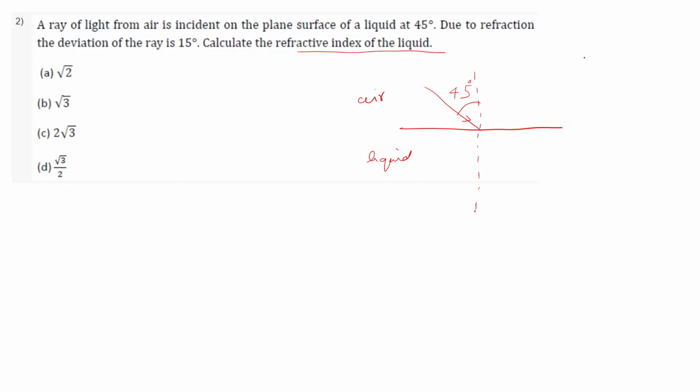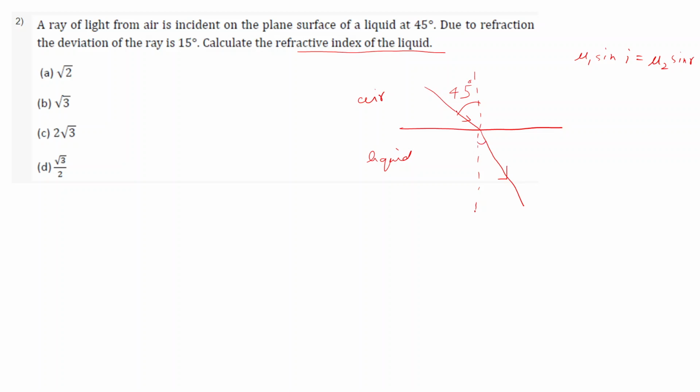From Snell's law, the refractive index of the first medium times sin i is equal to the refractive index of the other medium where refraction is happening. So here we know it's going from a rarer medium to an optically denser medium. So the speed of the ray of light will slow down and it will bend towards the normal.